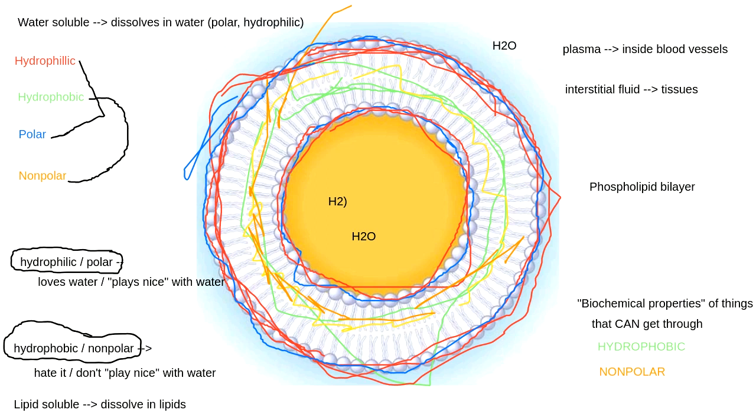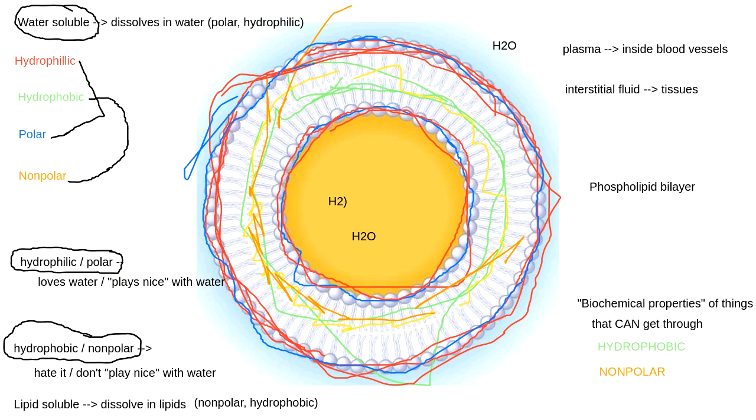Water soluble, I dissolve in water. That means that I'm polar or I'm hydrophilic or I have an ionic bond. So when we talk about lipid soluble, if I dissolve in lipids, I am going to match those lipids, which means that I'm going to be nonpolar or hydrophobic. Nonpolar or hydrophobic.